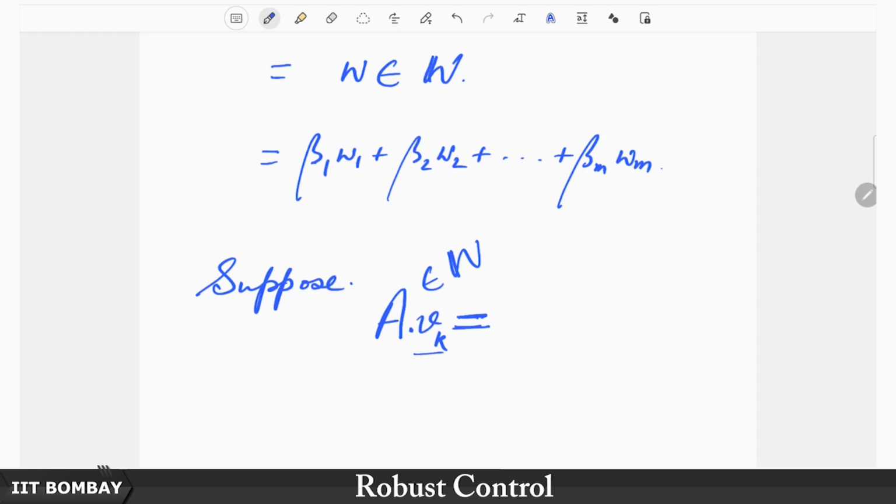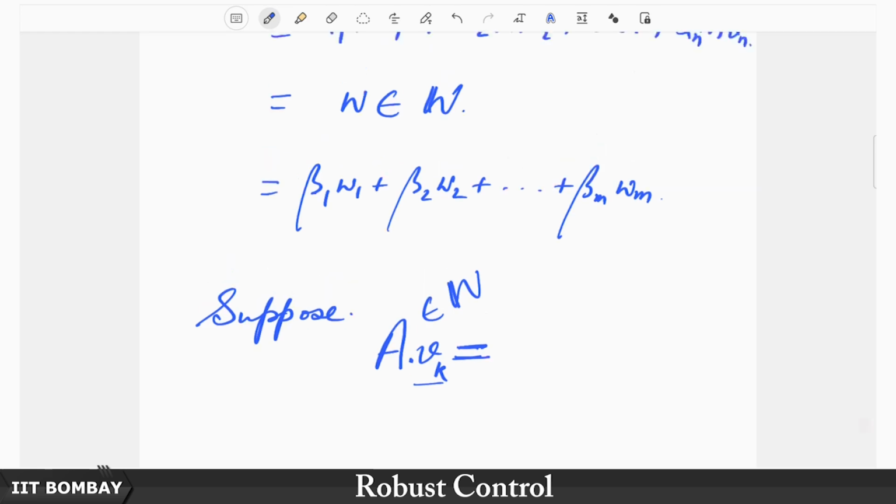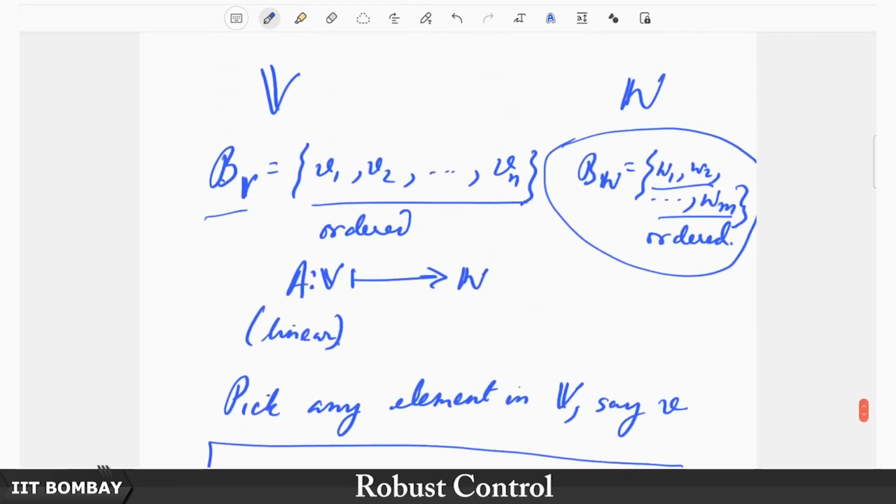So now I can write this as follows. Every element in W has a unique representation in terms of the ordered basis BW that I have defined.